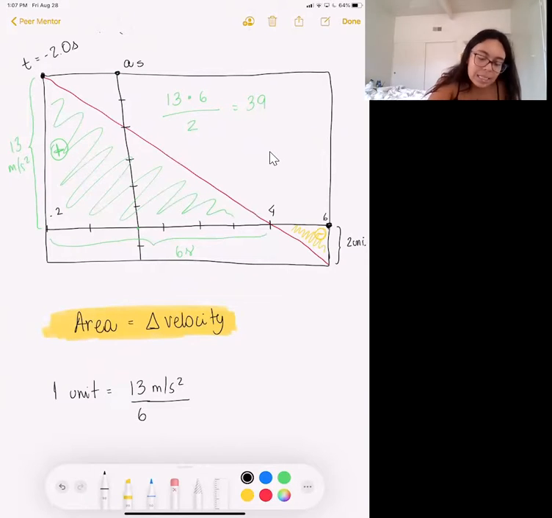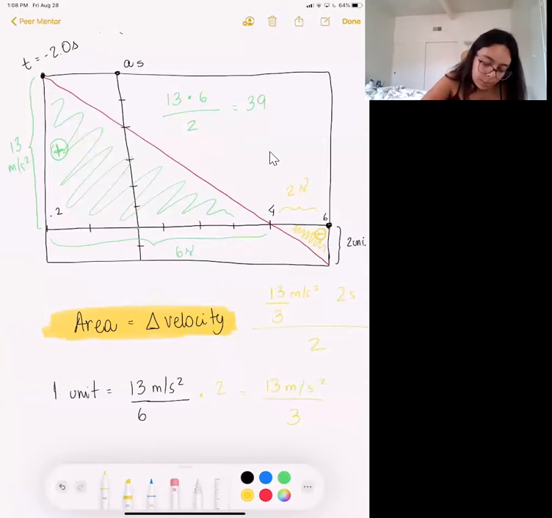And then the height of the little yellow triangle is 2 units. So 13 divided by 6 times 2 gives us 13 meters per second squared divided by 3. So this is the height of that small triangle. And then the base of that triangle is 2 seconds. Calculating that area, we have 13 divided by 3 meters per second squared times 2 seconds, divided by 2, because it's a triangle.